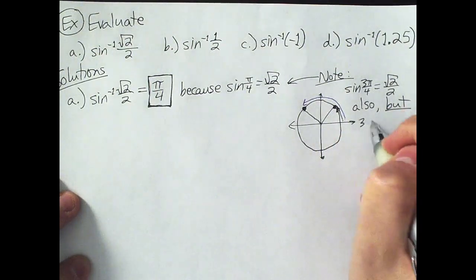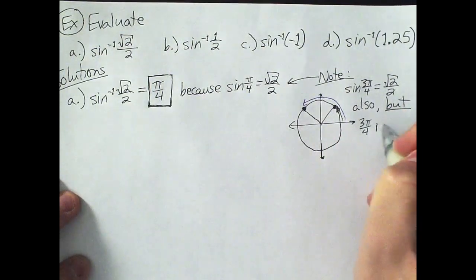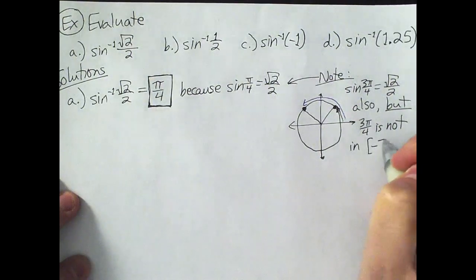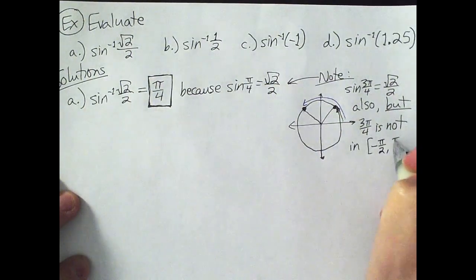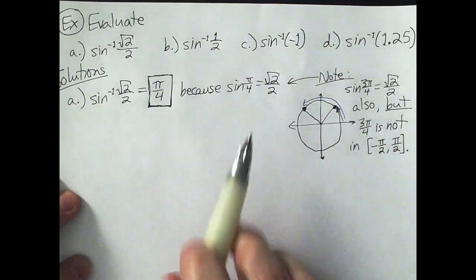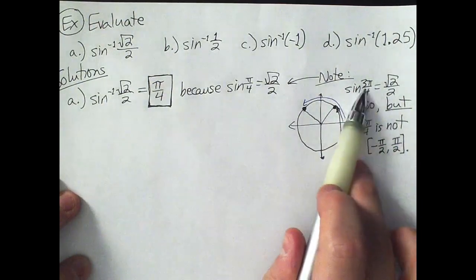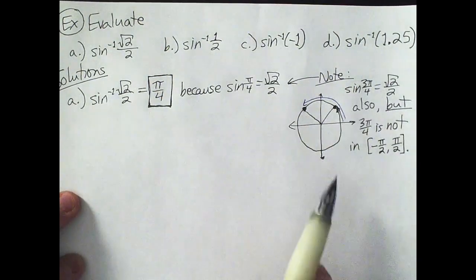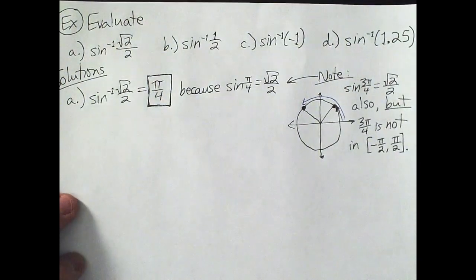It's because 3 pi over 4 is not in the specified interval. So it is not an answer to this question. So that was a little side note to talk about why this other thing almost looks like it would be an answer, but it's not, because it's not in the correct interval.